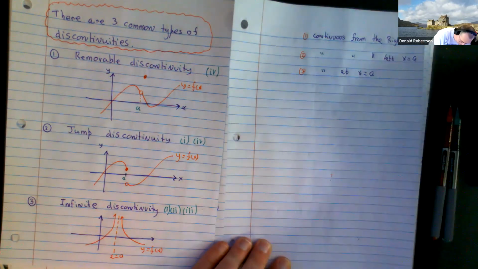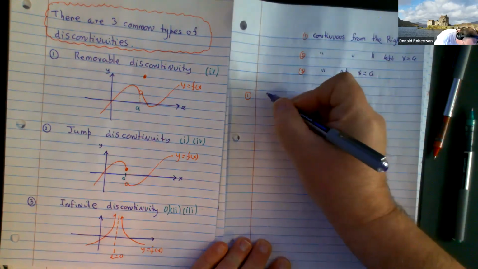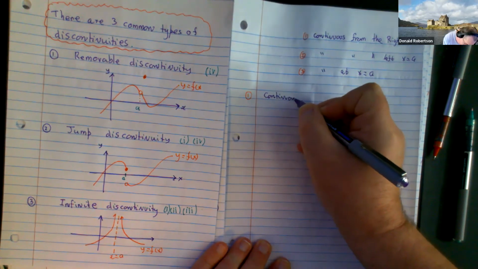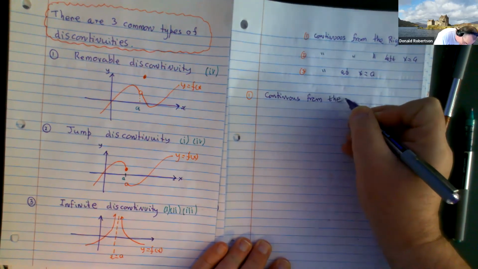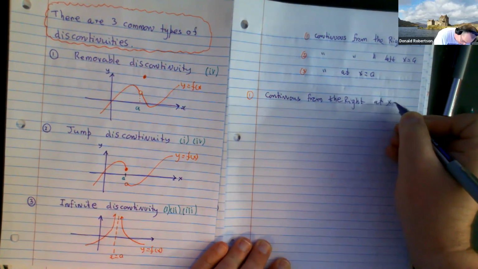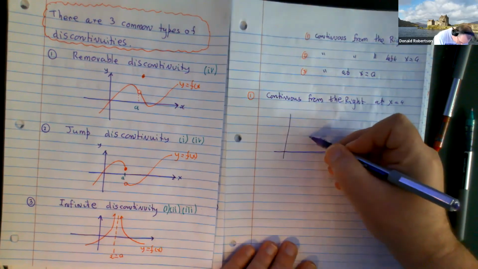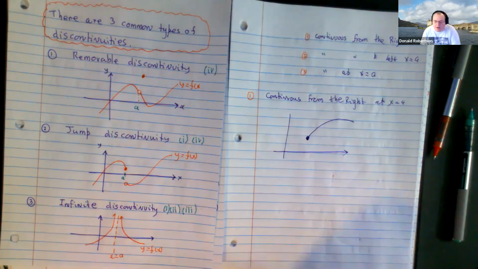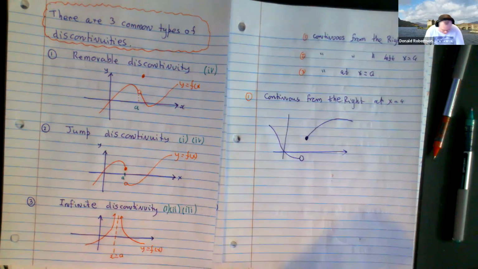So let's look at the first one. What do we mean when we say that a function is continuous from the right? Obviously, a single point at x equals a. Let me show you what it looks like. We call that a right branch, and we call this a left branch.